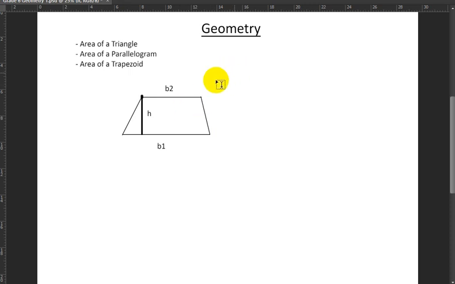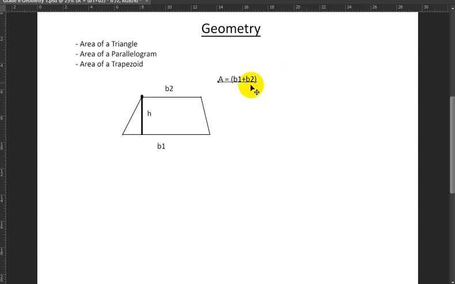Now, how do we find the area of this shape? To find the area, and this is a little more complicated than the other ones, what we do is we take the sum of the 2 bases. We multiply that by the height, and then whatever we find, we divide it by 2. Let's actually write this a little better, the way it should be written.